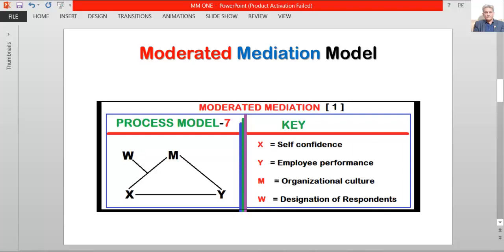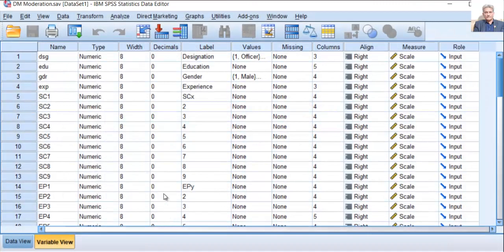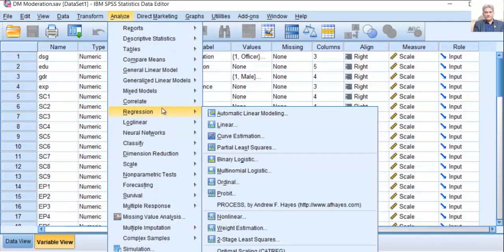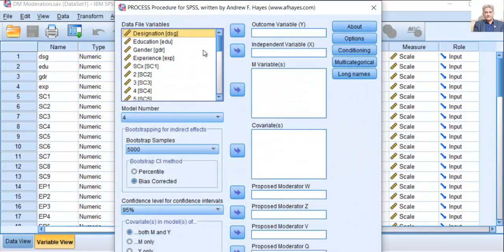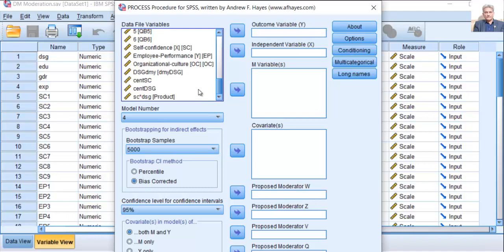So let's move to SPSS and compute the moderated mediation using process macro and Model-7: analyze, regression, process model. Our independent variable is self-confidence. Employee performance goes to the box for the outcome variable, or Y variable.